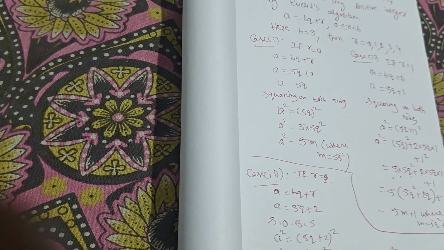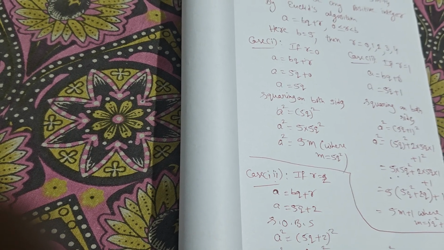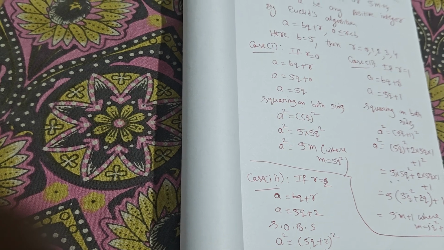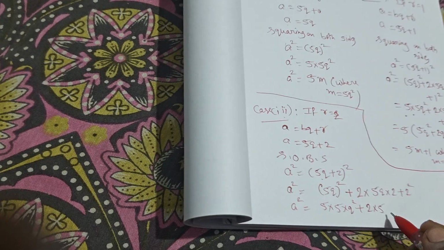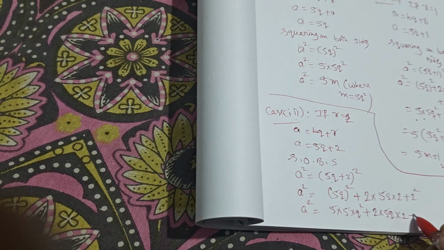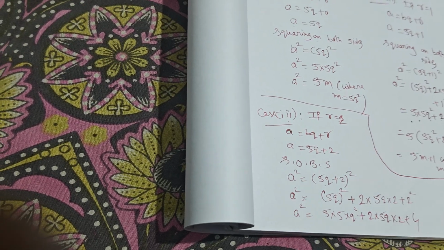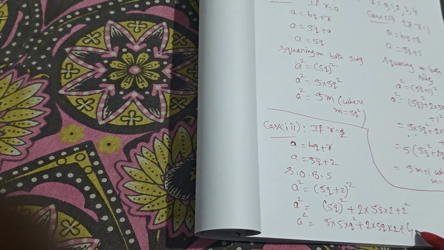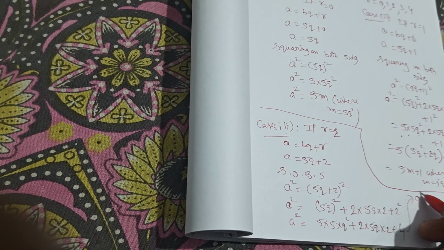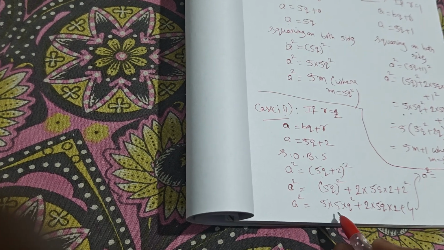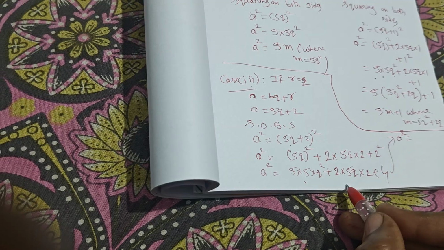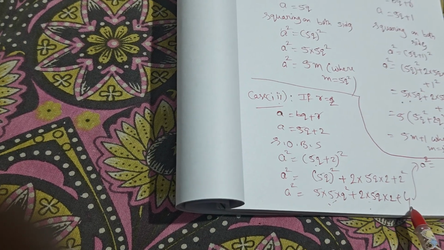a square is 5 into 5 into q square, 2 into 5q into 2. 2 square means what? 4. Next, a square equal to, here what is common? 5. Here also 5 will come common because here we have 3 terms.